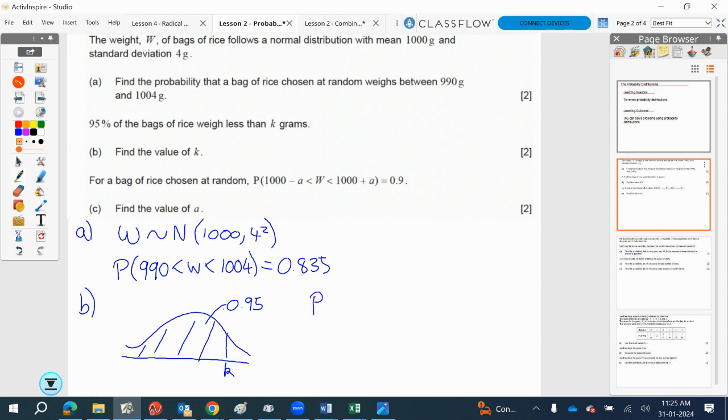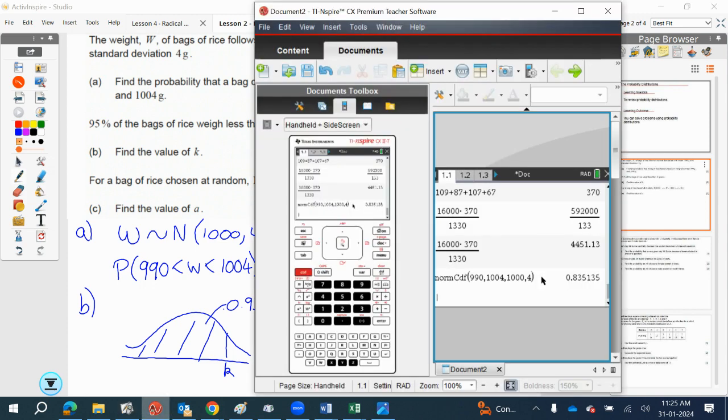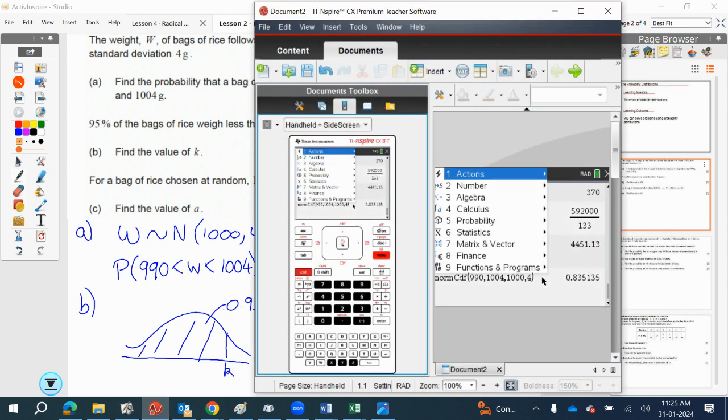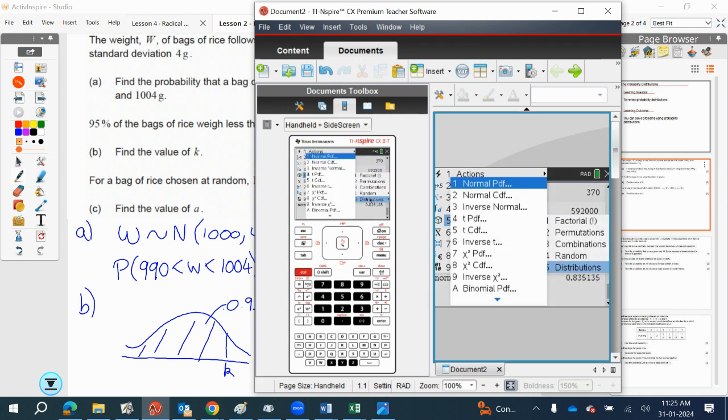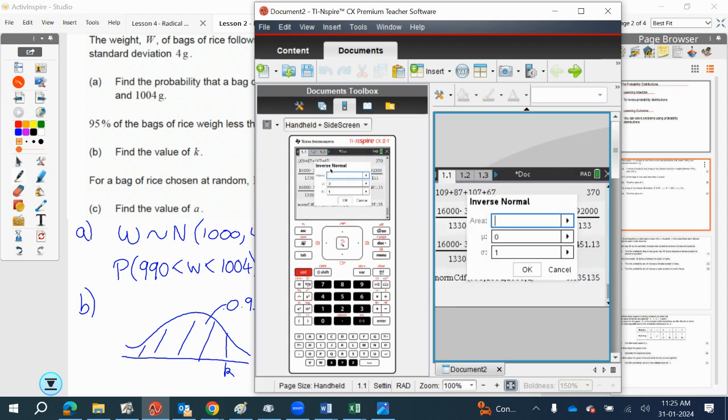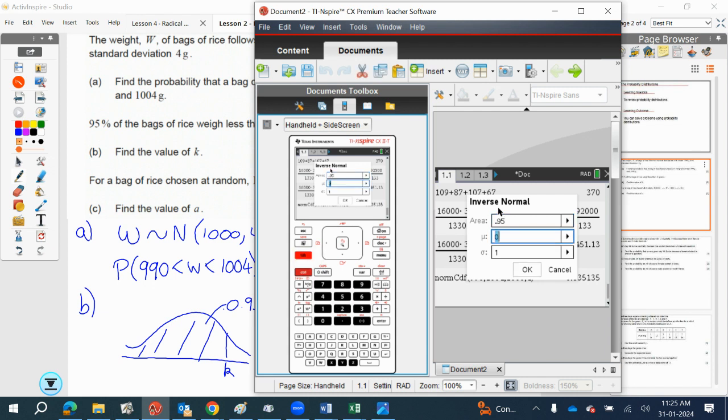So this means that the probability that W is less than K is equal to 0.95. Let's try that on the calculator. Menu, probability, distributions, inverse normal. The area is 0.95. We still have 1,000, and we still have 4.